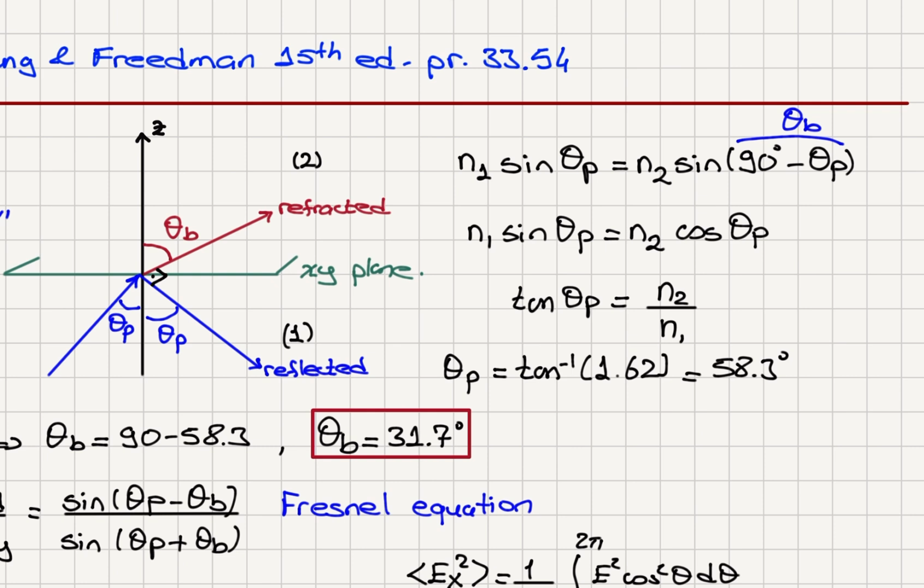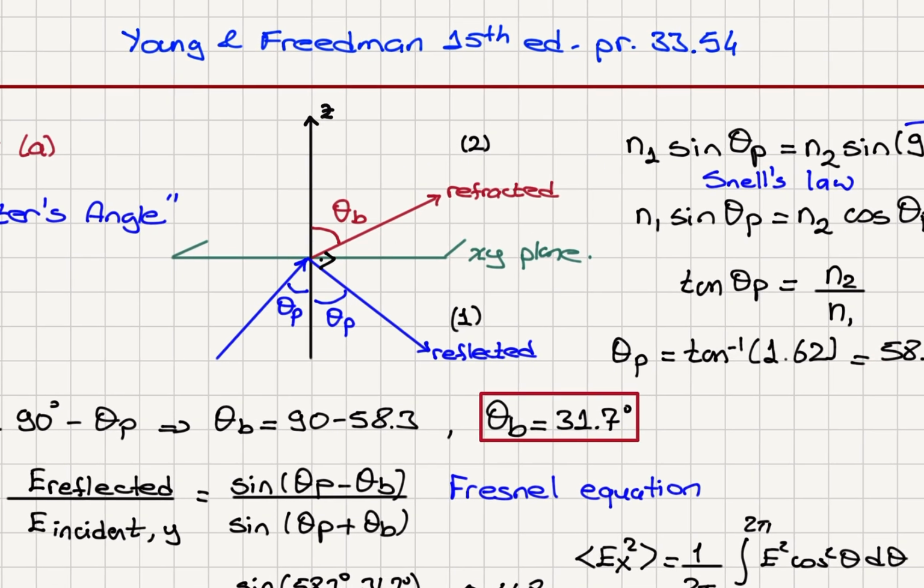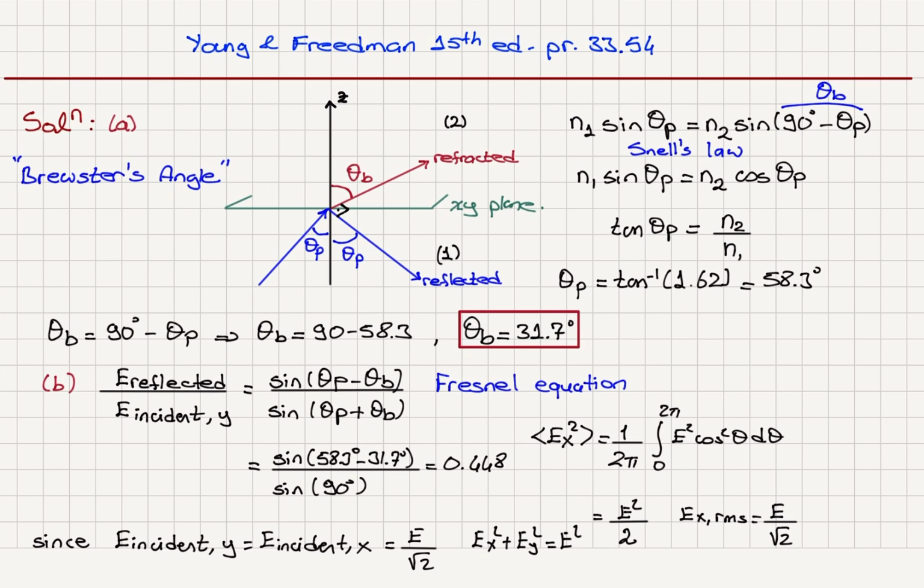So what I have done here is I have written Snell's law. Sine of 90 minus theta is cosine theta. So tangent theta p is n2 over n1, which means theta p is 58.3 degrees. Brewster's angle is 90 minus 58.3, 31.7 degrees.